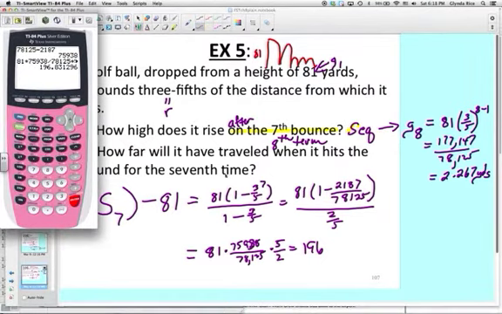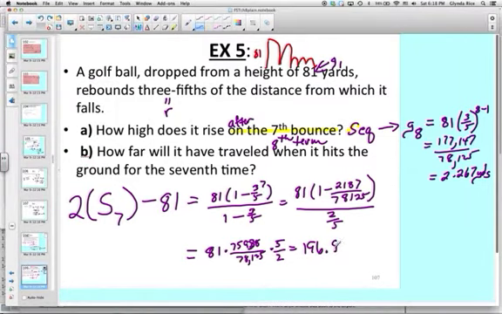We'll just stop there at 83 yards. So it's dropped at 81. By the time it hits the ground the 7th time, it's gone up and down 6 times, dropped at 81. Oh, still have to subtract my 81, don't I? 115.83 yards.